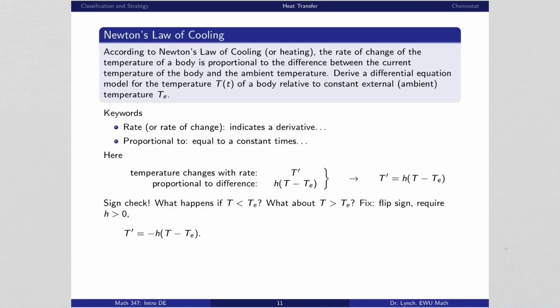We'll write capital T prime equals negative H times T minus T sub E, and then just require that the constant H, the constant of proportionality, be a positive number. In this case, our model acts like it ought to, and gives us the correct behavior.